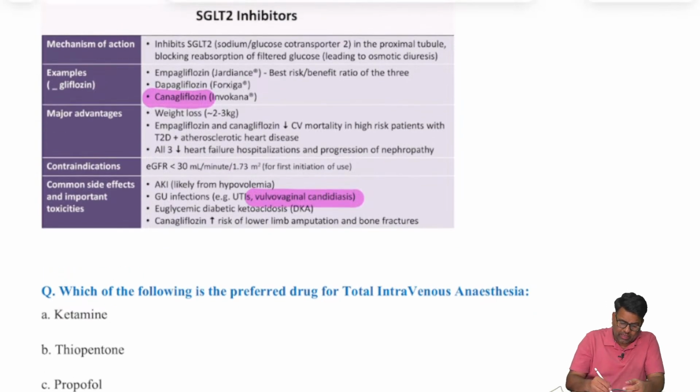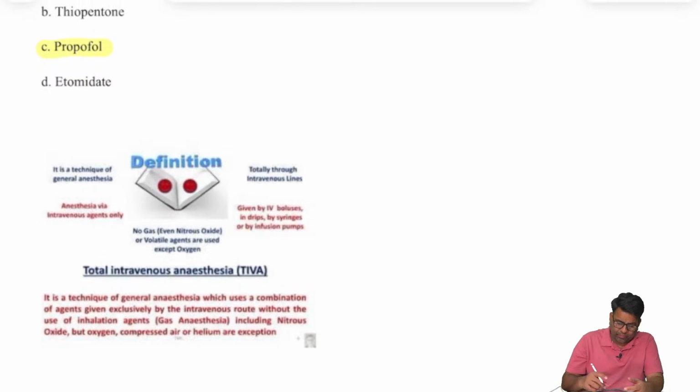Now, which anesthetic agent is preferred for total intravenous anesthesia? Now, this is propofol. Now, what is this term total intravenous anesthesia? As the name suggests, total intravenous. So, the anesthetic agent is given totally through IV lines.